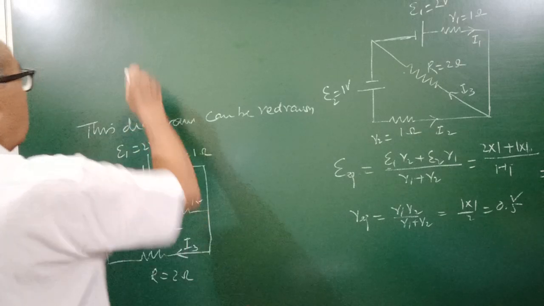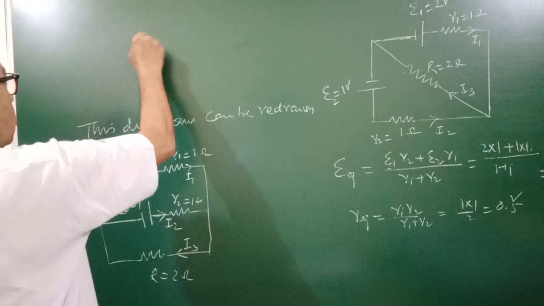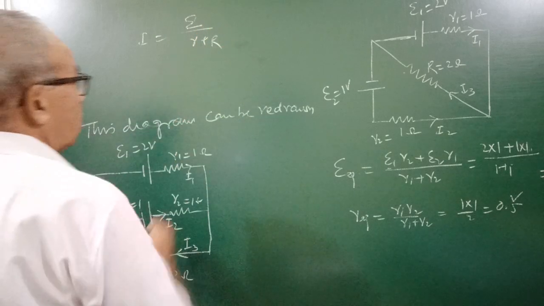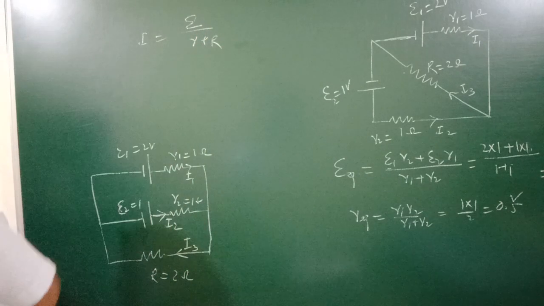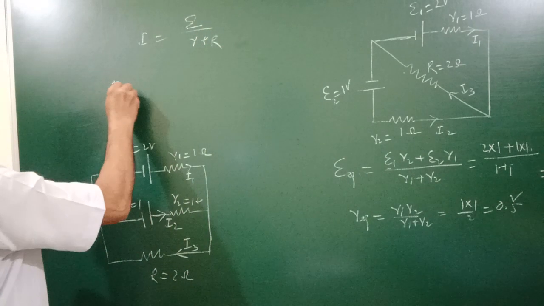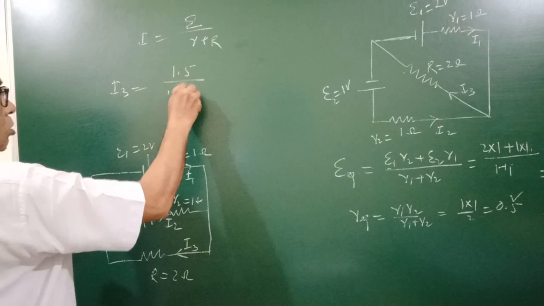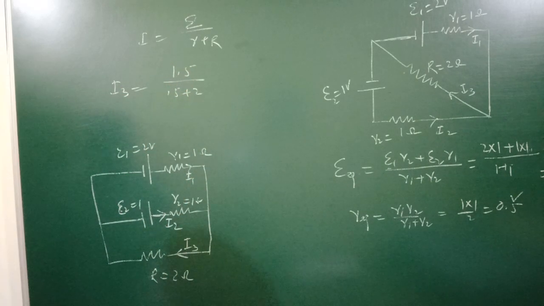So we know I equal to E upon (R plus r). So I3 equals 1.5 upon (0.5 plus 2 ohm).